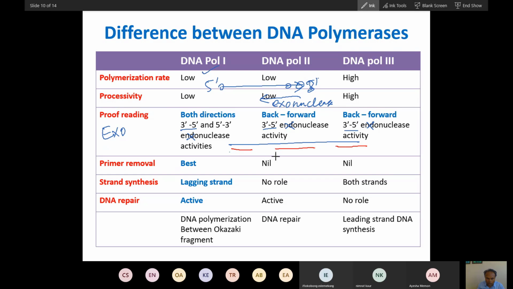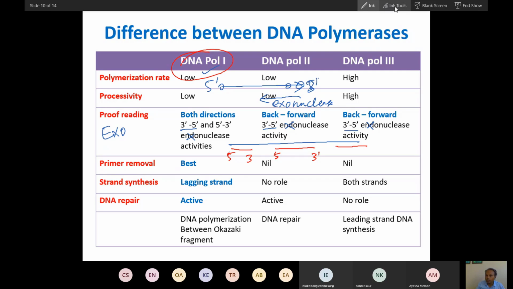Sometimes it needs to remove bases from this side also. That is why it has both capacities. It can remove bases from 3 to 5 and from 5 to 3.